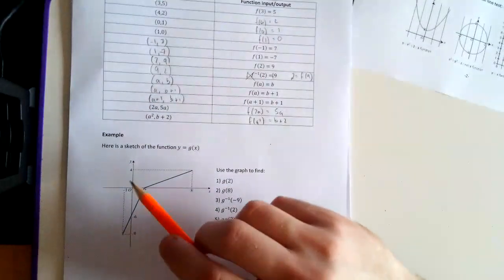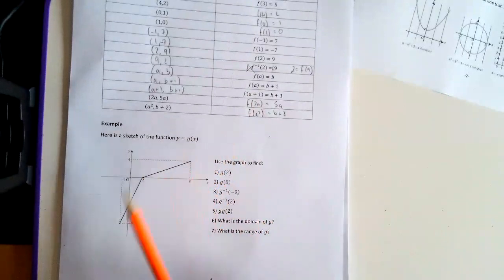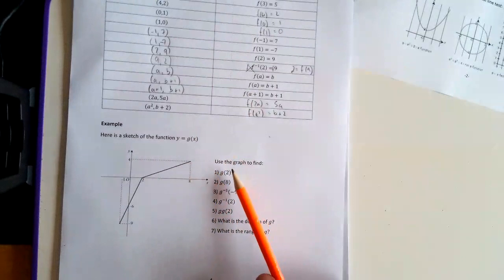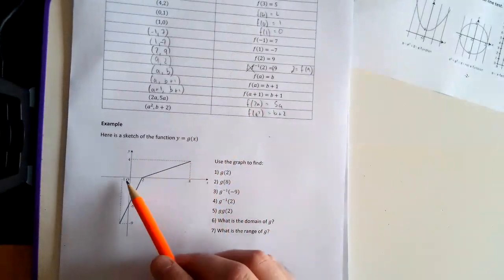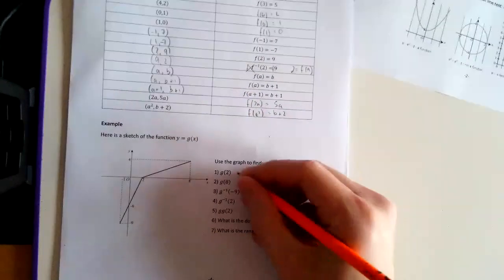Okay, next one. So here's a sketch of a function, and it's a piecewise function, so it's split into two parts. Use the graph to find g of 2. So if I input 2, so put 2 on the x-axis, the output, well, it's 0.